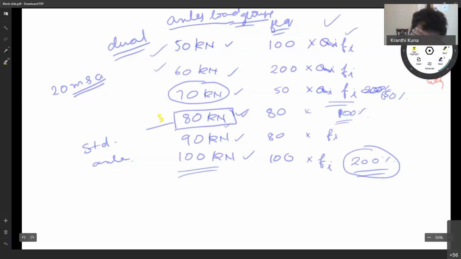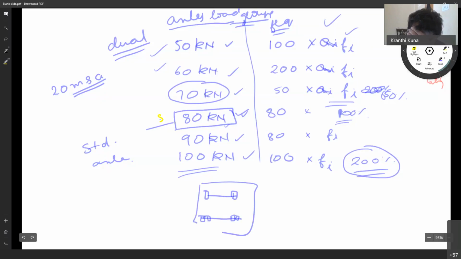So obviously, this is the axle load group, but a vehicle, as I showed you yesterday, might have, say for example, a front axle and a rear axle. Usually the rear axles are dual wheel.